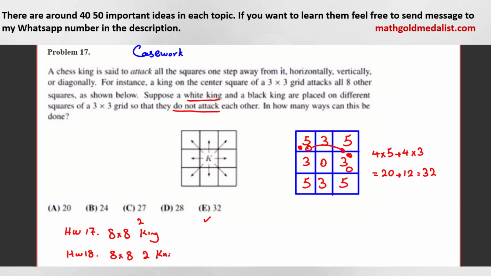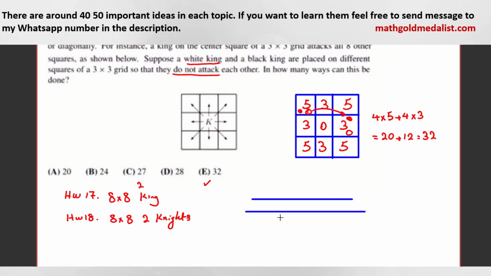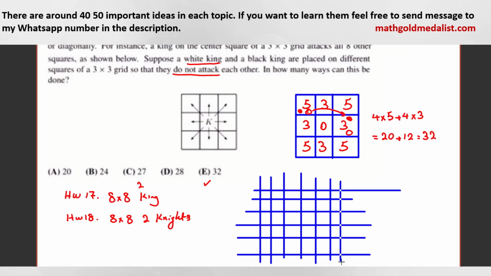Two knights. I explained how knights attack each other. For example, if we have this one here, it can attack these 8 cells in general: 1 in one direction and 2 in a direction perpendicular to that.